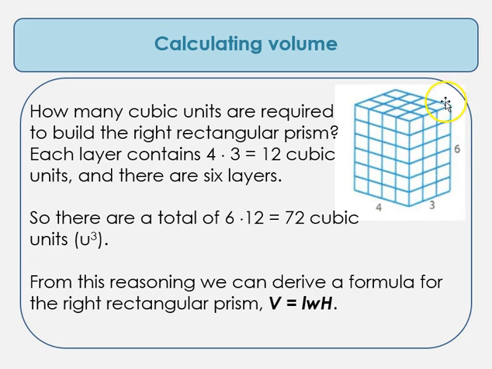So each one of these is a cubic unit as far as measurement also. So we have a height of 6 here. We have a base of 4 times 3. So 4 times 3 is 12. We'll have a total of 6 times 12, which is 72 cubic units. So there are 72 blocks in this figure.